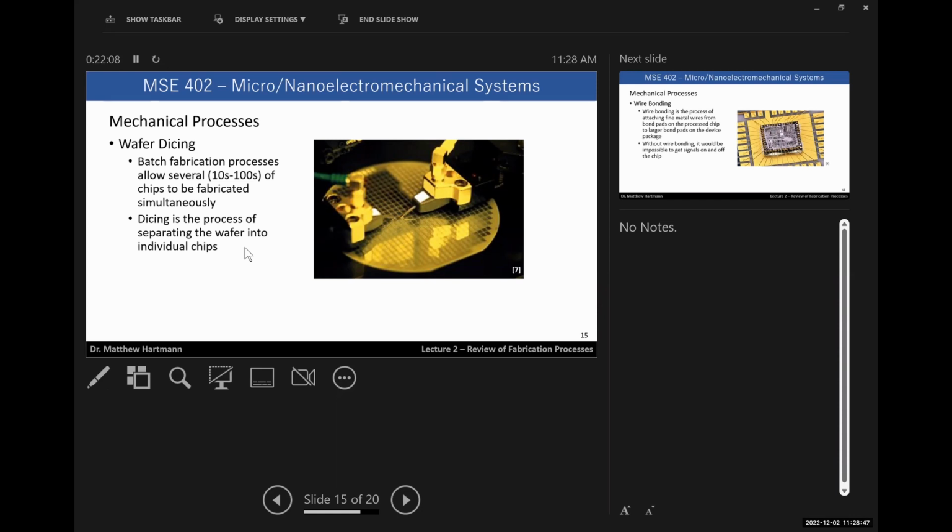Read about it for about 2 minutes, so not super sure on all the physics and all that kind of stuff behind it. The reason why the stealth dicing though is coming to the forefront is because there's no mechanical deformation. You don't have little shards, or it doesn't create any dust or anything like that. It is purely etching based, so all of the bits and pieces get pulled off and you don't have any risk of contamination of your surfaces.